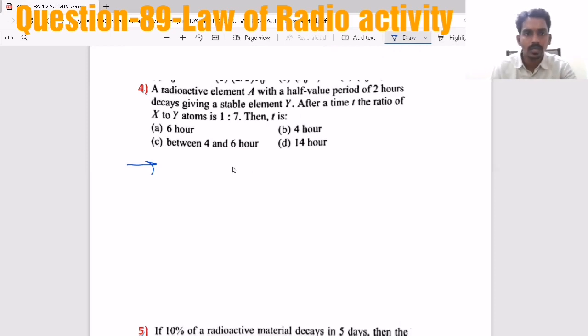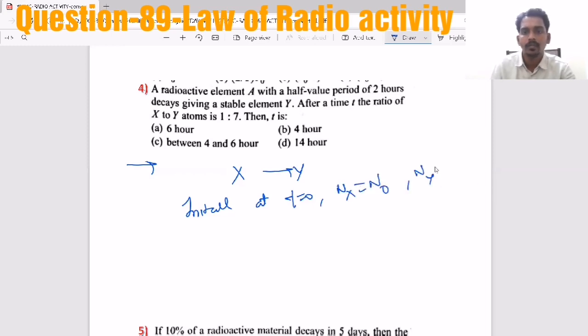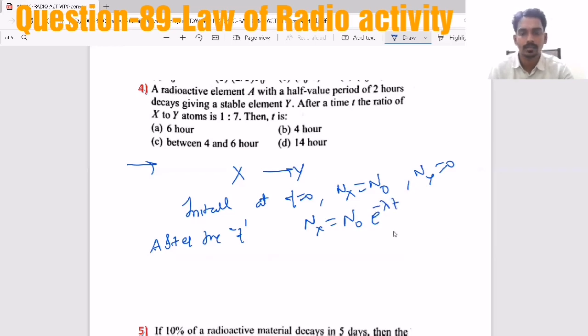Now X is becoming into Y. Initially at T equal to 0, Nx is to consider N0 and Ny is 0. Now after time T, Nx will become N0 e power minus lambda T actually.